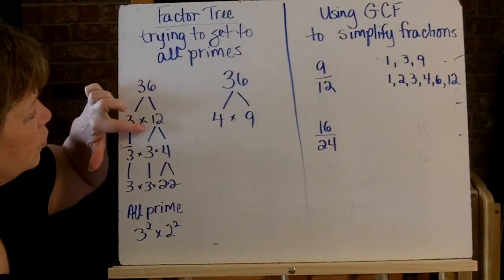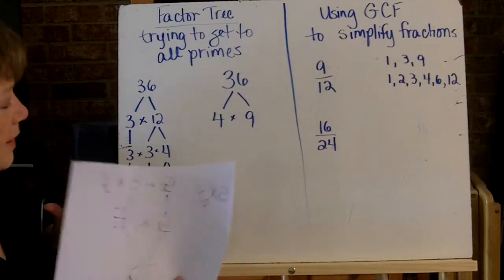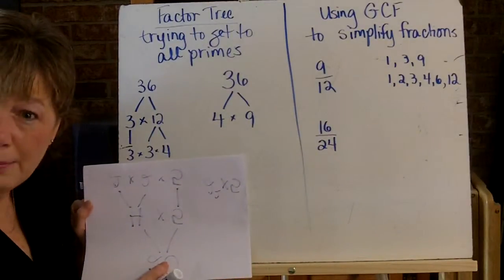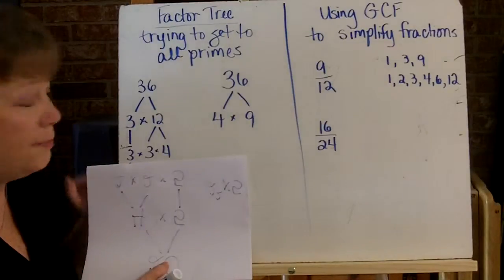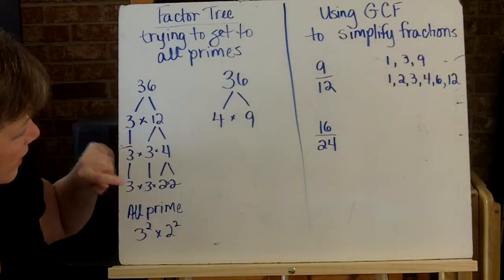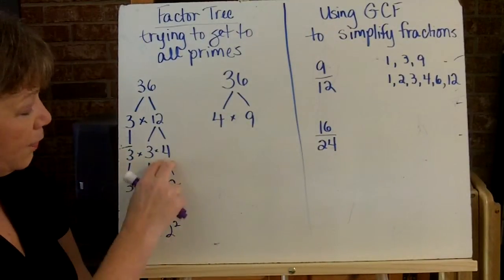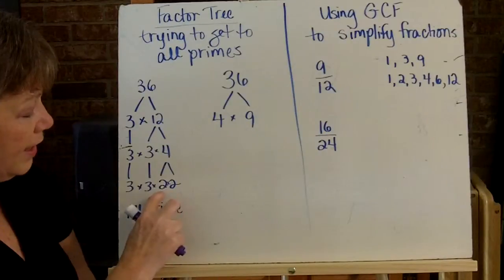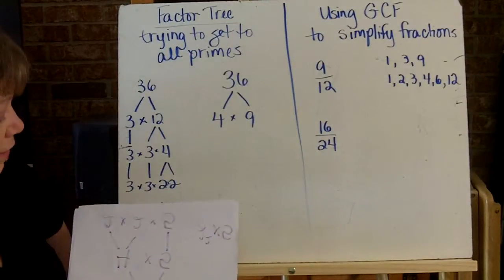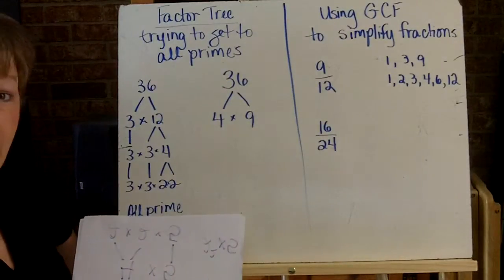What times what will give me 12? Well, 3 times 4 will give me 12. So is that all prime numbers yet? No, it's not, because 4 is not prime. So I'll bring down my 3, because they're prime. And then I'm going to branch out here for my 4, and 2 times 2 equals 4. Now, when I look at those numbers, 3, 3, 2, 2, those are all prime.